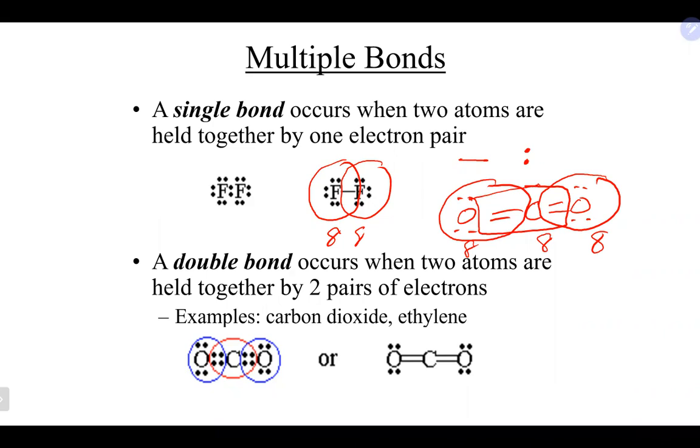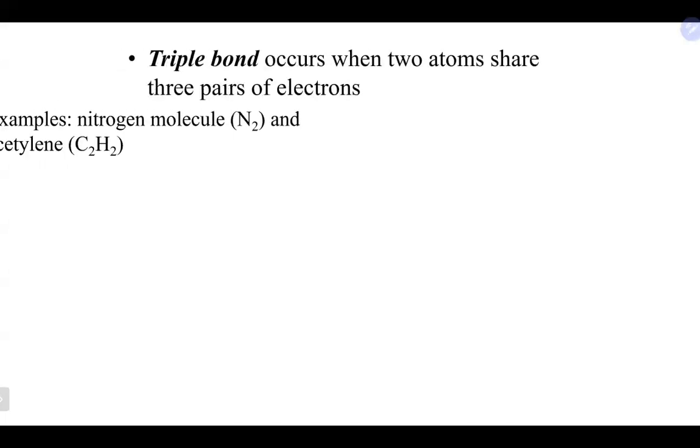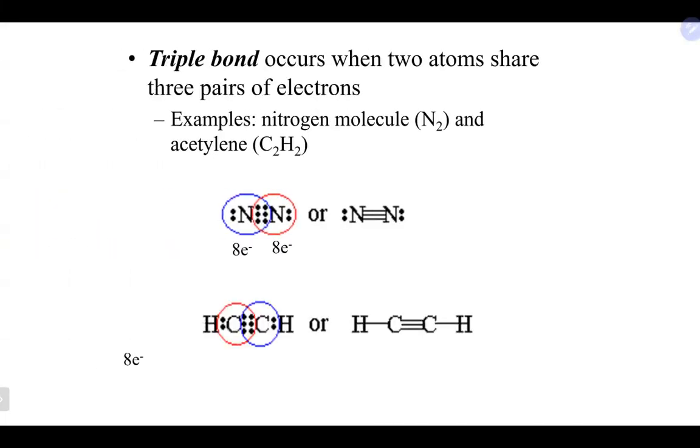And obviously, a double bond would be represented by 2 lines or 2 pairs of electrons, or a grand total of 4 electrons. That also means that in some cases, things do need to go the triple bond route to get themselves to that good situation. Something like nitrogen is an example of that. It does need to triple bond.